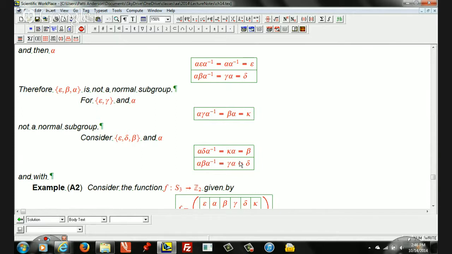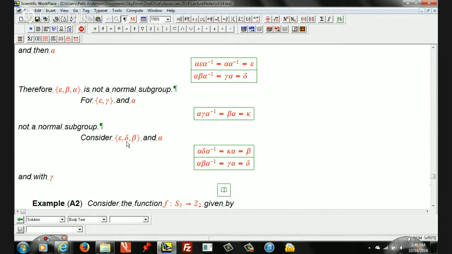And so now I don't need to choose beta because beta is in my set. It's going to work because it's a subgroup. So I can skip beta and delta, so I just have to do gamma and kappa. So now we check with delta, gamma delta. We have to do this by exhaustion.